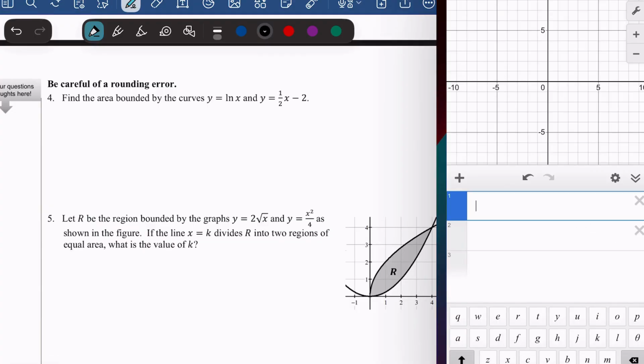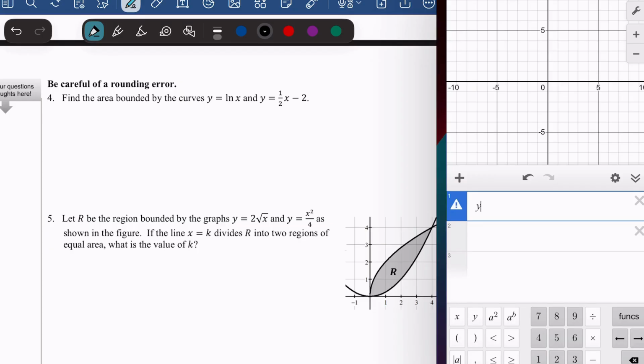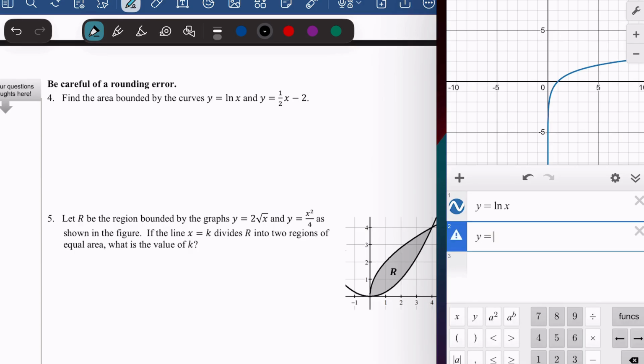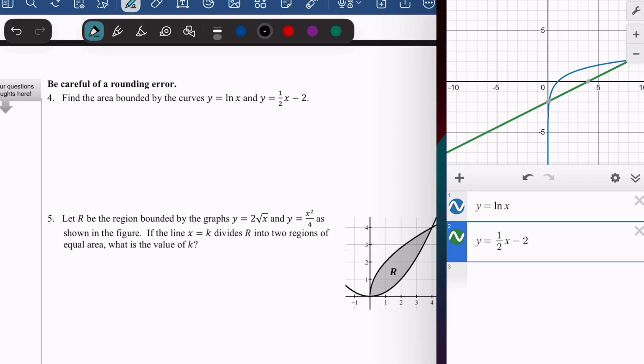Okay, so I have y is equal to natural log of x. Okay, and then on the next line, I have y is equal to 1/2 x minus 2. Oops. Okay, I can reposition this.